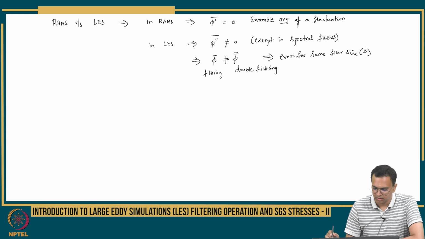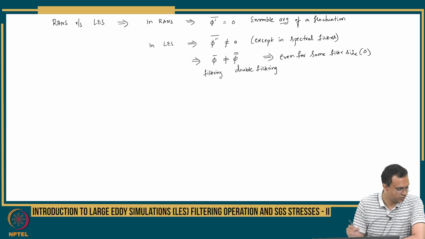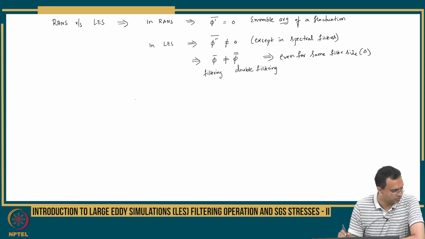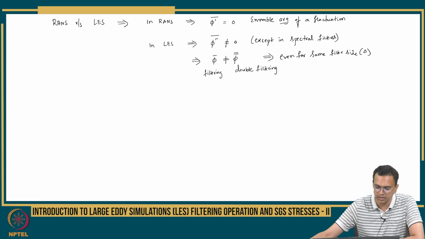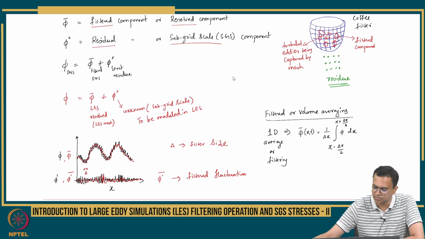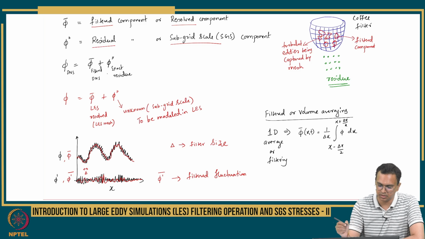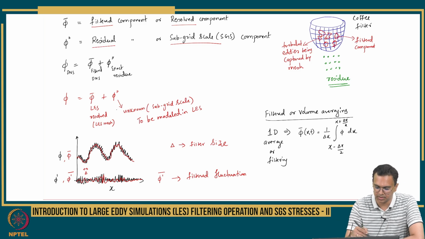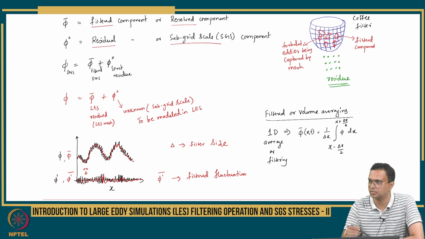Okay. And also we also had this in the context of DNS filtering and LES. I just forgot to tell you here. Yeah, here the DNS and the LES part. Only if your LES model is so good, then this phi double prime will be same as phi double prime exact here, right?